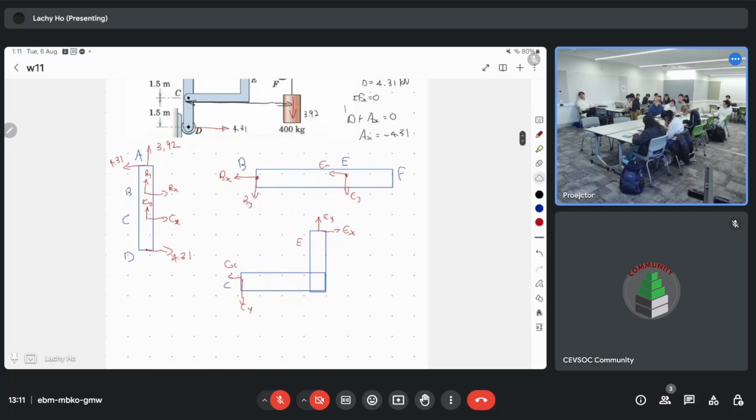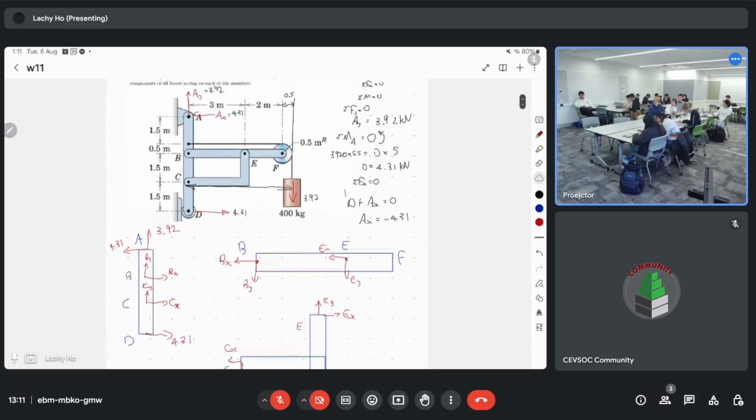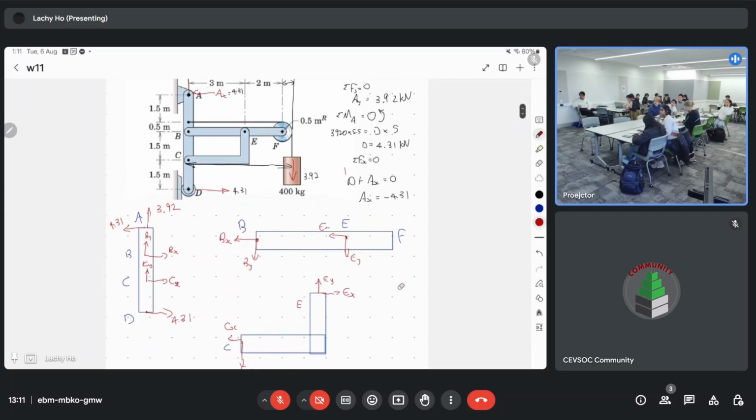We need to solve all these things. The last thing we need to remember is the F here. So at F, I'll just draw another little diagram. At this pulley, we see that there's this tension force going down, and there's also this tension force on the other side, because tension is constant throughout the whole thing.